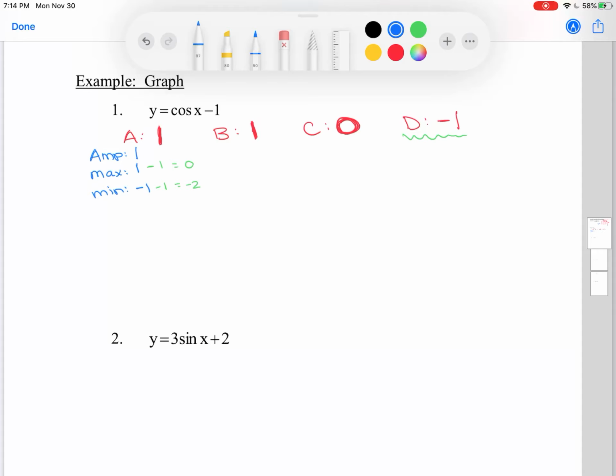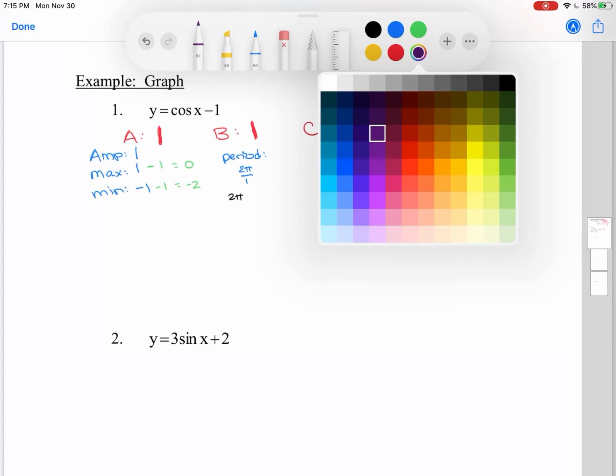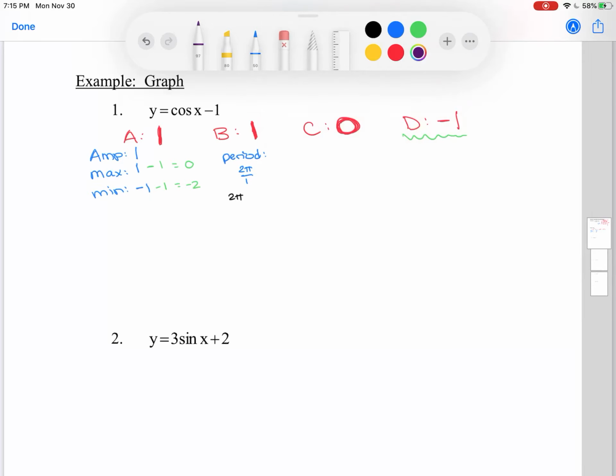My b is 1, so that tells me that my period is 2 pi over 1, which is just 2 pi. When I go to make my picture, I want to go every fourth of that, which is every pi halves if I simplify that.